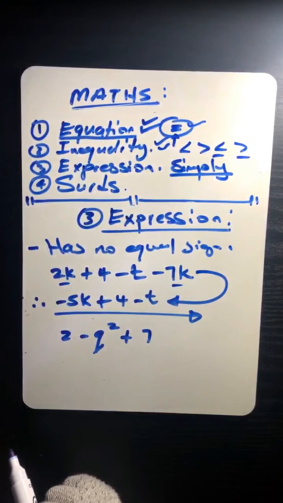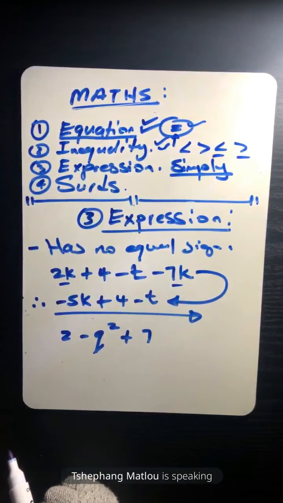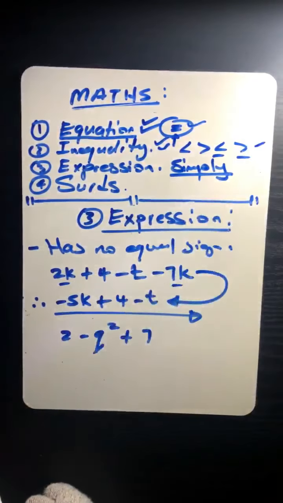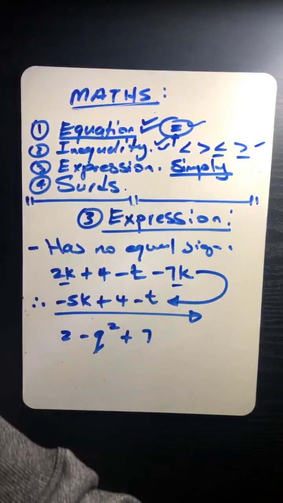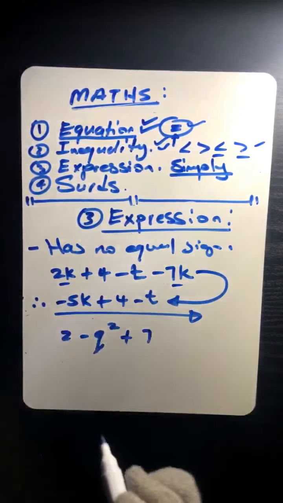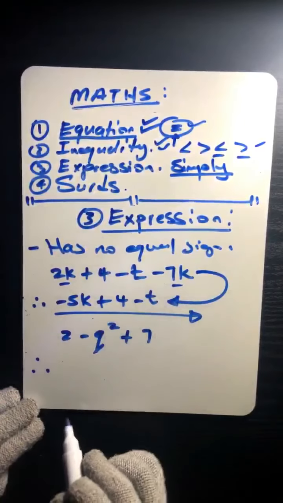It doesn't have an equal sign, it doesn't have an inequality sign. So what do we do when we're given an expression? We simplify. So can we simplify this one? Yes. What do we do?